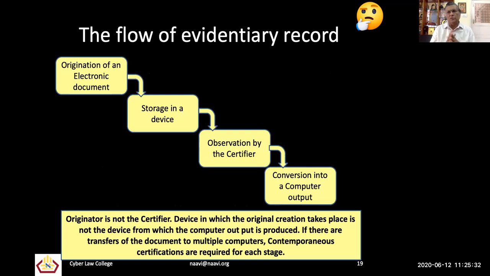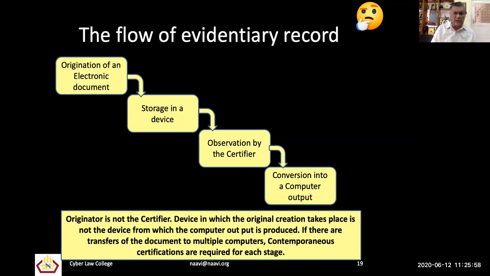We must also remember that while the original electronic document emanates in one particular device, origination of the electronic document, it is stored in a device and then it is observed by a certifier. Certifier converts it into a computer output, and computer output is certified and produced to the court.